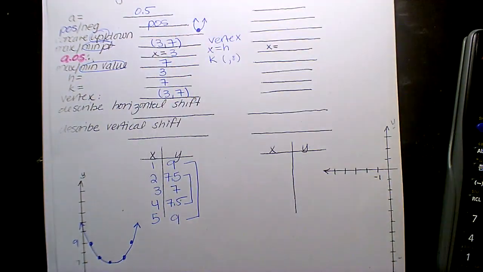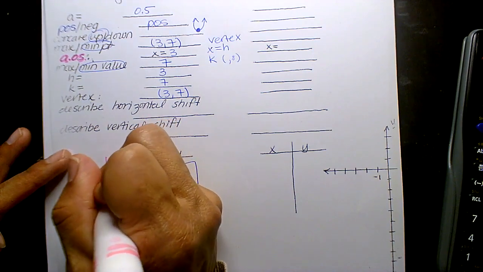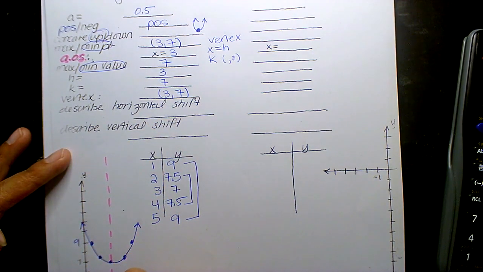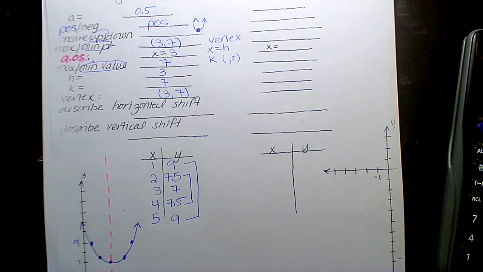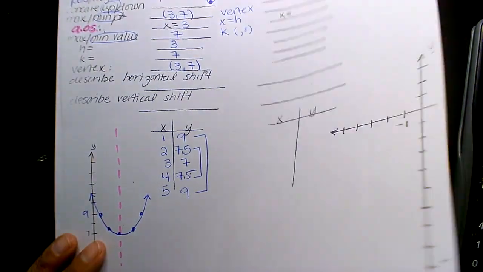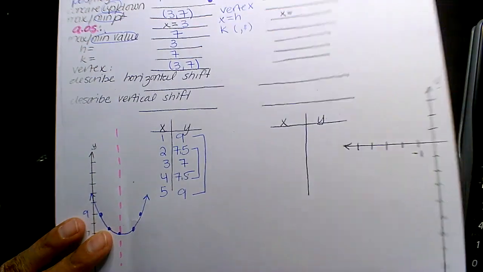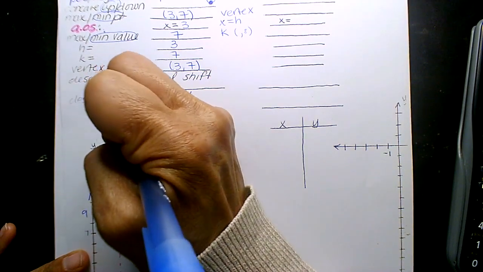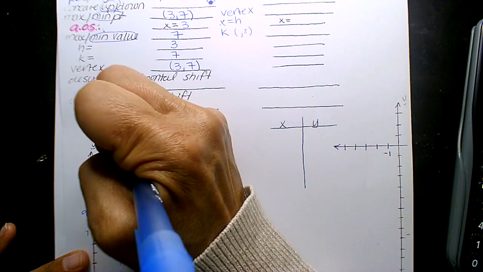So in this case, it's 3. And it's a dashed line that cuts through your parabola at the vertex, because it's that fold that if I was to fold it, they're equally mirrored of each other. So this is called axes of symmetry.